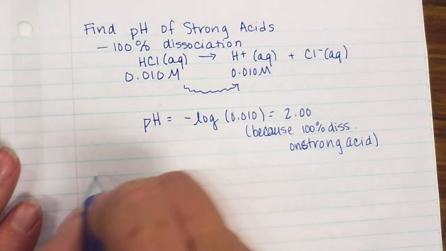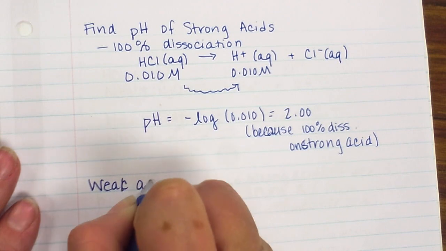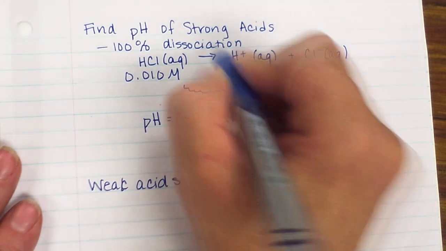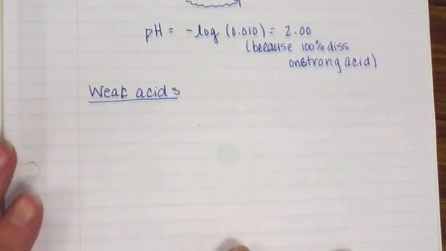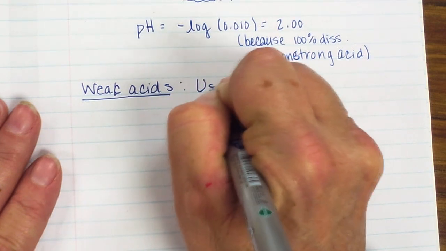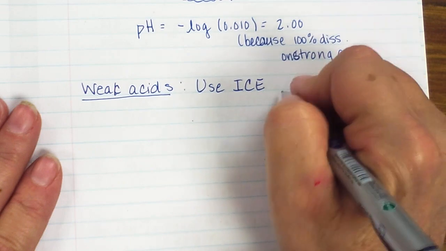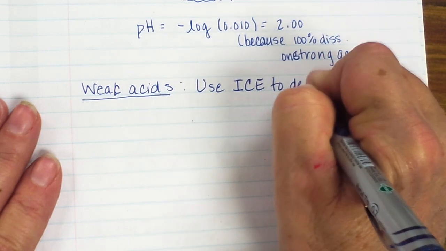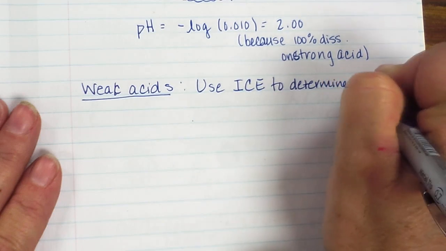All right, so what about weak acids? So you're going to use an ice table to determine the concentration of the H+.